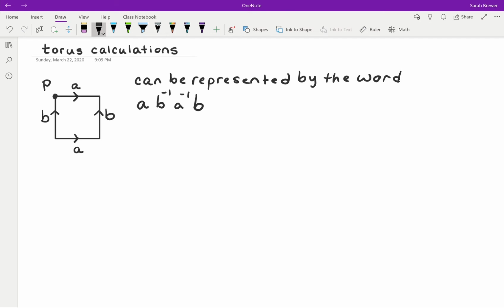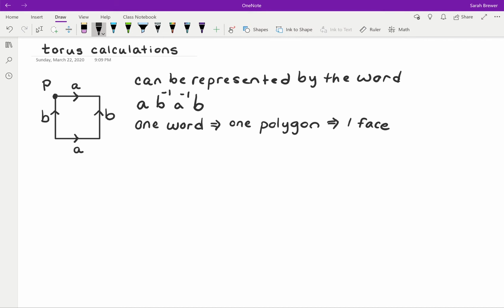So we have a single polygon that has a single face, and it's represented by a single word. So one word means that we have one polygon, which tells us that we have one face. And remember, in order to compute the Euler characteristic, we need the number of faces, the number of edges, and the number of vertices.